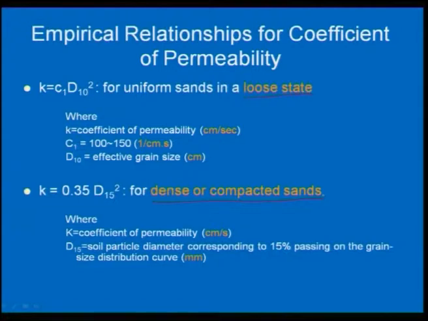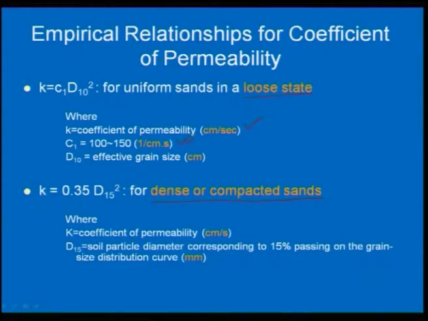K is the coefficient of permeability, you can get it in cm per second, and C1 is equal to 100 to 150. This is not a constant, its unit is 1 by cm second. It has been found out experimentally. So, effective grain size d10 is in cm.